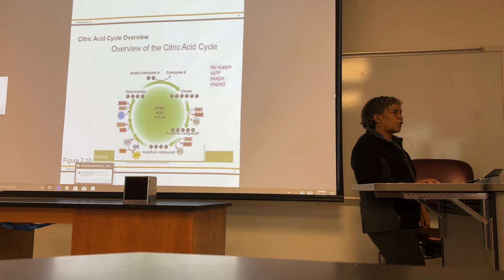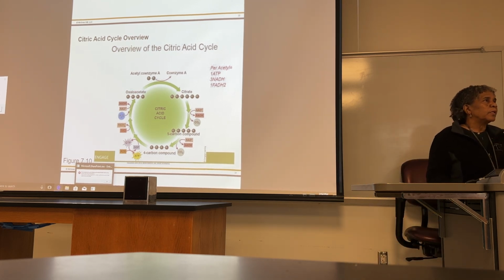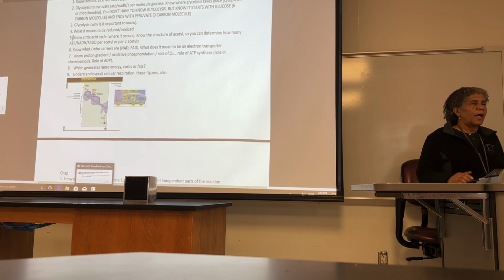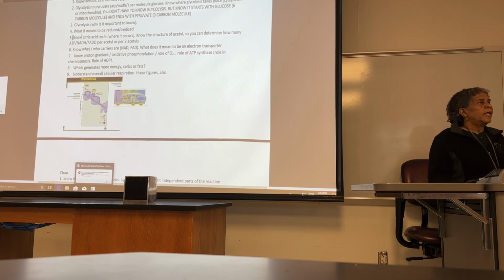Okay, so let's go back to the review and make sure we haven't missed anything. I have reduced and oxidized again. Know where the citric acid cycle occurs, and everything is now moved to the mitochondria. You're not going to have to know the structure of the acetyl group.